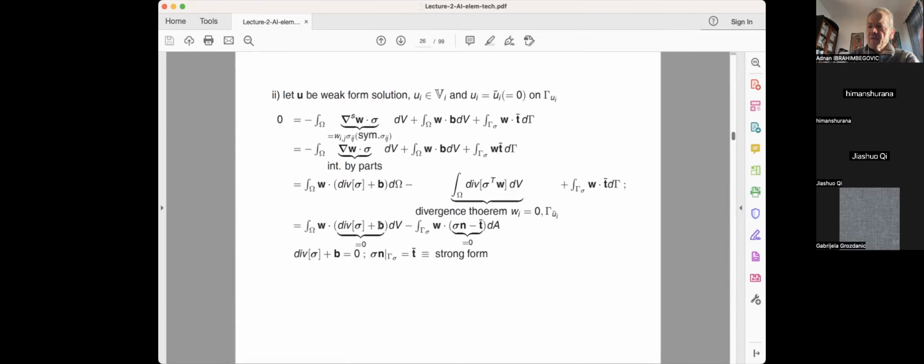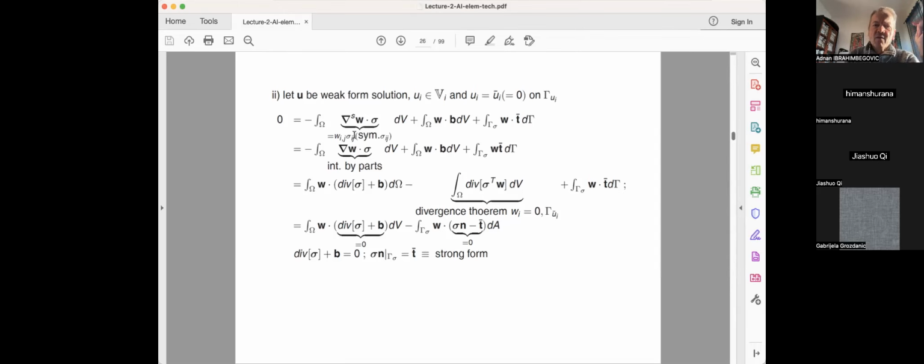And when you end up here, you need this regularity in order for this result to be valid. So assuming you can do that, it's not always the case, but let's assume you can do that from the finite element solution. Any kind of finite element solution, you might not be able to do that, but imagine you could. You can obtain it from this development when you inverse the order of the integration by parts.